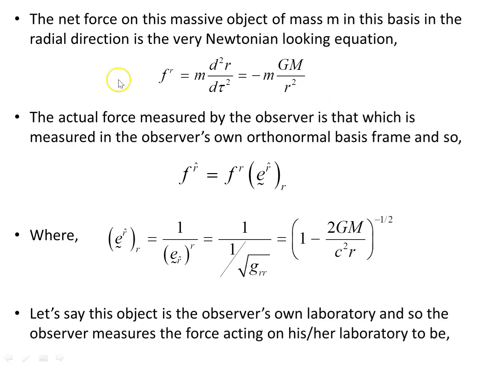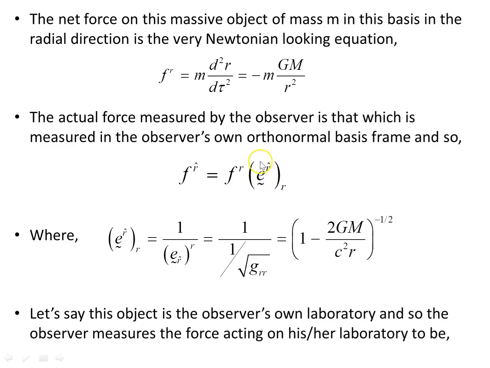Well, to do that, we need to go from the coordinate basis, the coordinate frame Fr here, to the orthonormal basis frame Fr hat. Now, there's only one coordinate to deal with here, the radial coordinate, and so we need to multiply by this object here. Notice the r up, the r down, and the r hats match in the same position here.